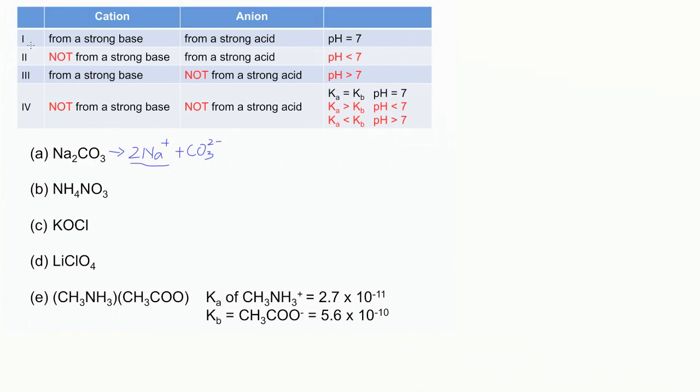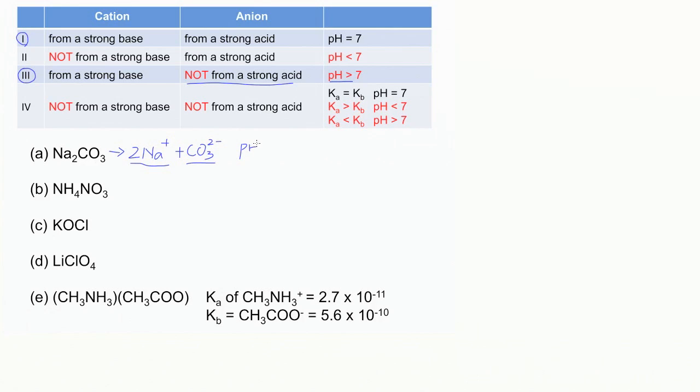So it looks like we should go to number 1 or number 3. The anion, carbonate. And if you remember those common strong acids, carbonate is not any one of them. So it's not from a strong acid.